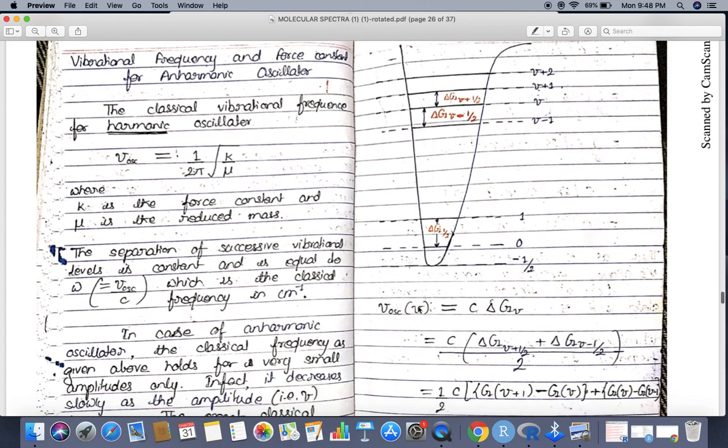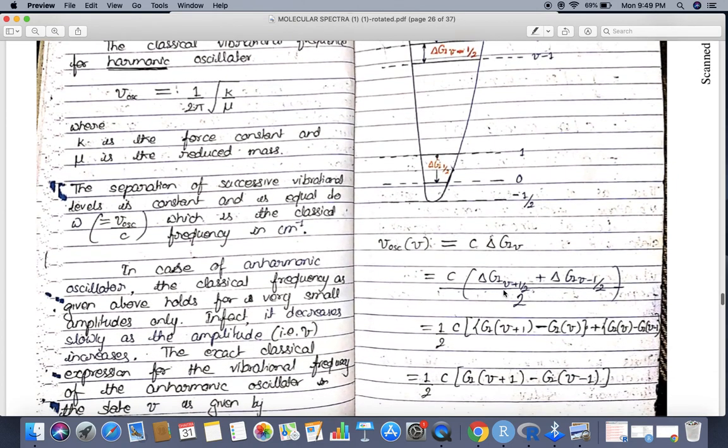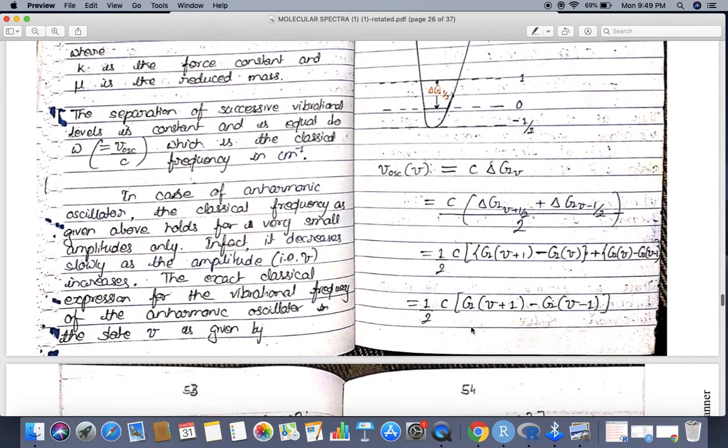So this nu oscillating is equal to c of delta G of nu, which is simply delta G of nu plus half plus delta G of nu minus half, that is, G of nu plus 1 minus G of nu plus G of nu minus G of nu minus 1. And from here, it is 1 upon 2 c of G of nu plus 1 minus G of nu minus 1.